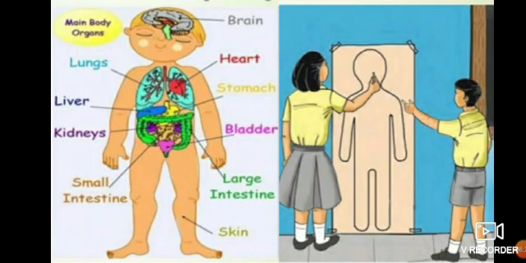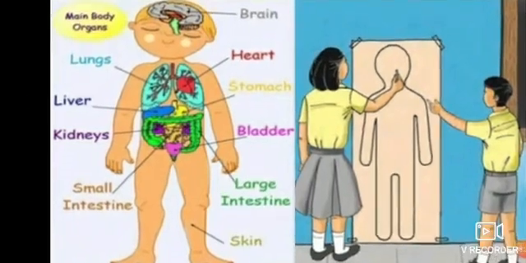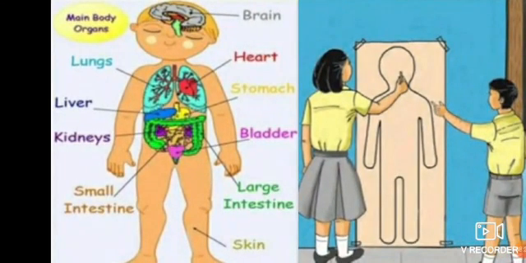Now, if you see on the right side of the picture, these are the organs which are shown in the exact location in our body. For example, brain, lungs, heart, liver, stomach, kidneys, bladder, small intestine, large intestine and skin.